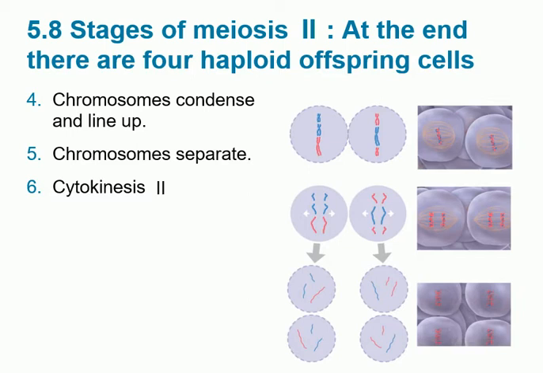Line up, separate, cytokinesis again. So meiosis 1, meiosis 2. If this is clear, you have 6 steps, but this is 3, and then you repeat. Unlike the first one, when we did mitosis, these are different things. Any questions so far? Clear?